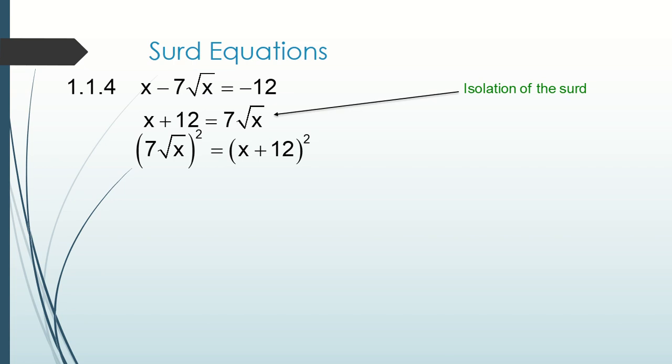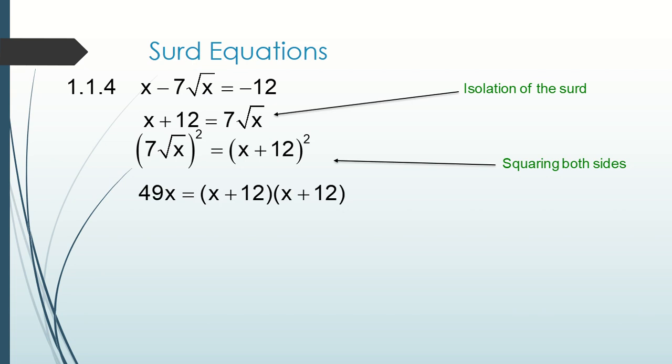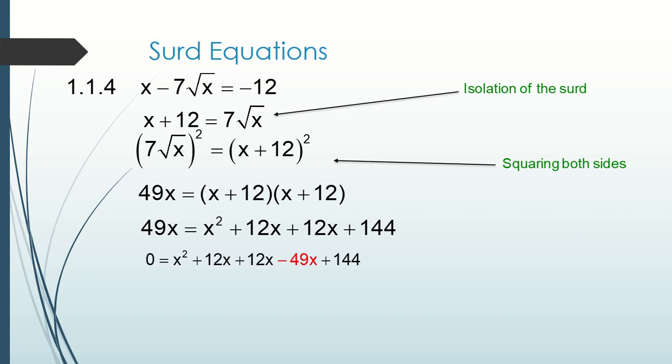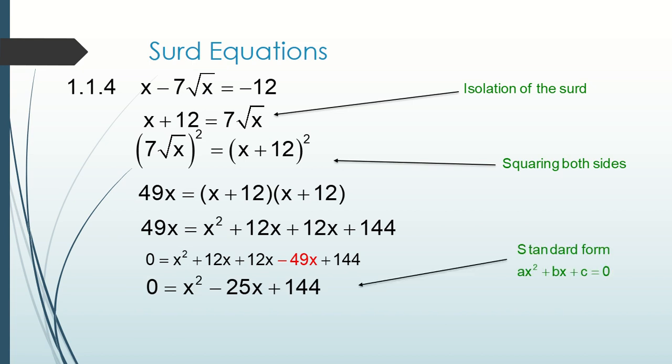What was on the left is now on the right, and what was on the right is now on the left. You square both sides. If you square both sides, you have 49x on the left hand side, you have x plus 12 squared. So now you simplify, you transpose the minus 49x to the right, and now you have standard form.